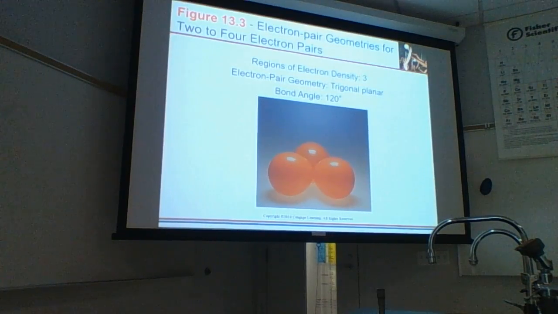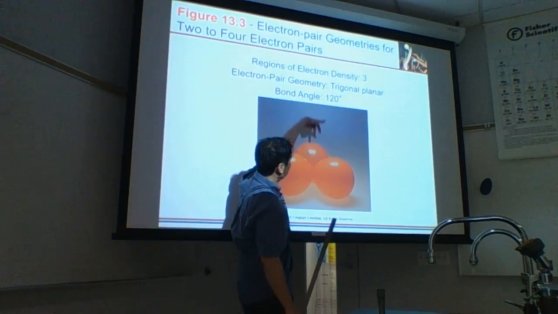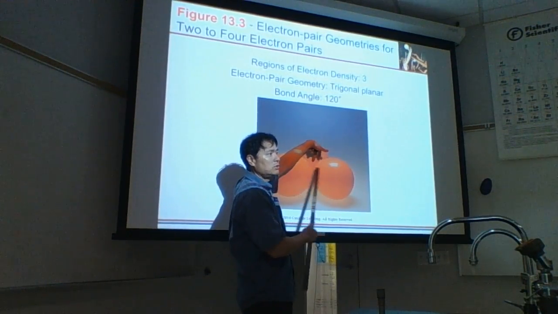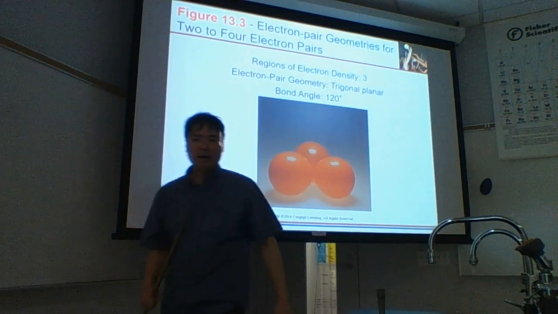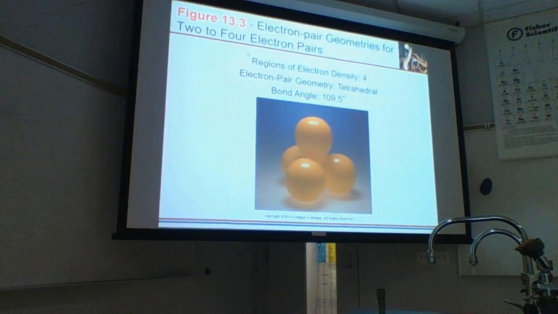Now, if we do the fourth balloon, probably the easiest, we just bring it from the top. If we bring the fourth balloon from the top, it's going to push these three down in an even amount. And we end up with tetrahedral.